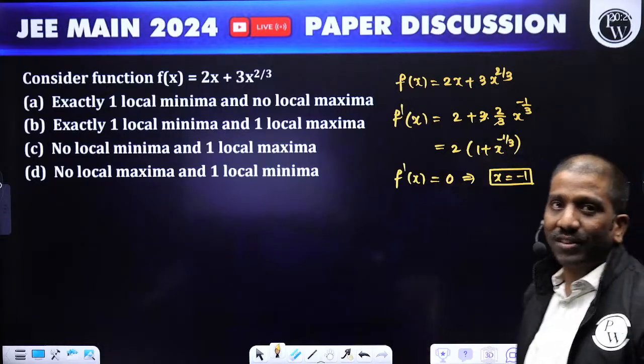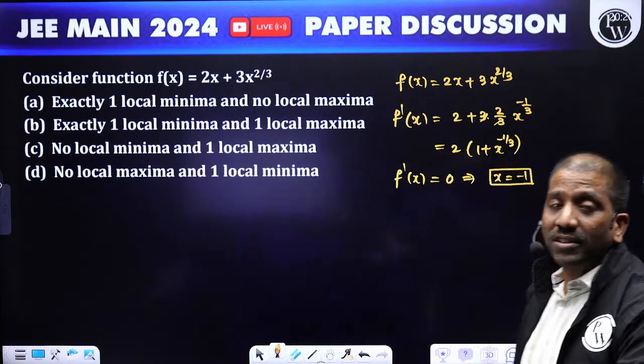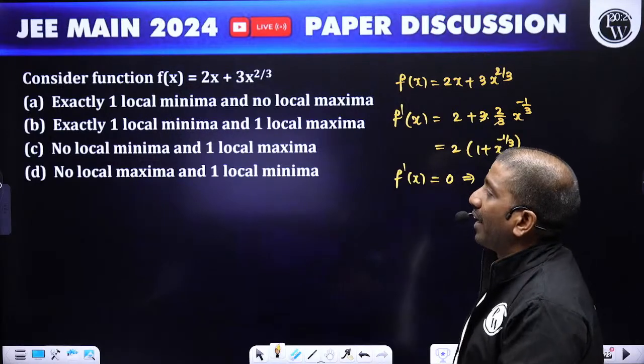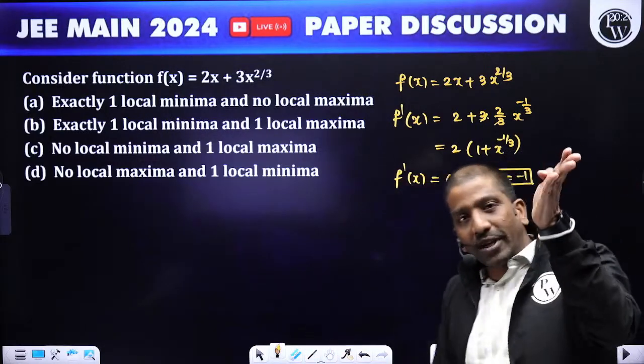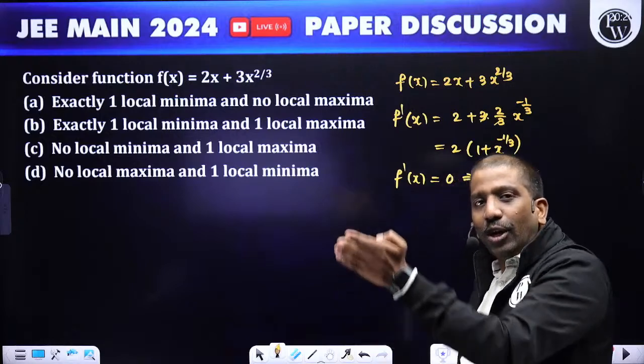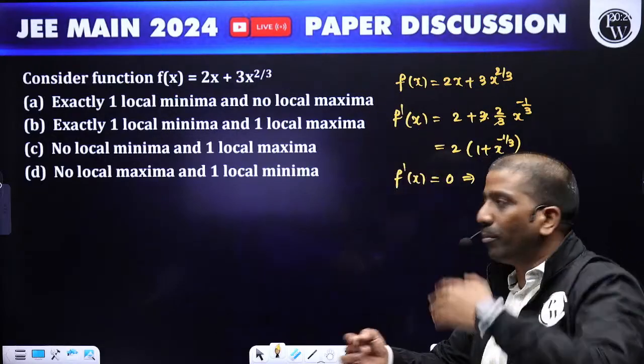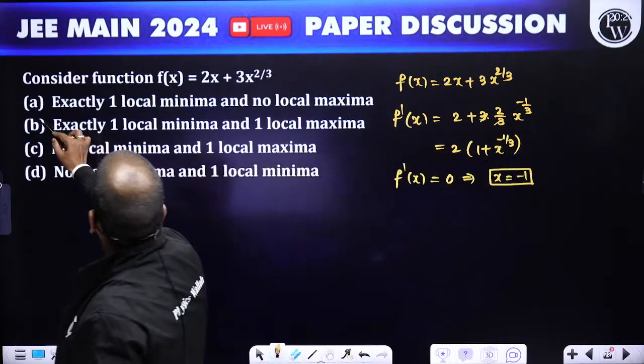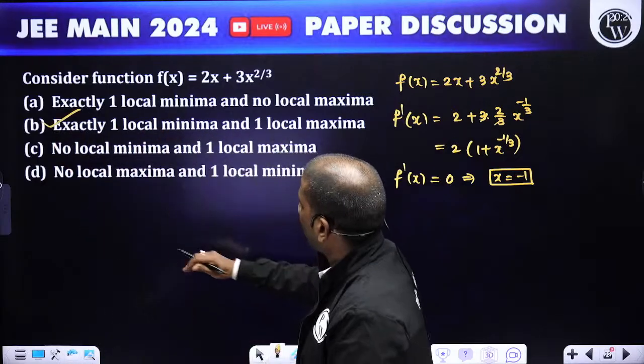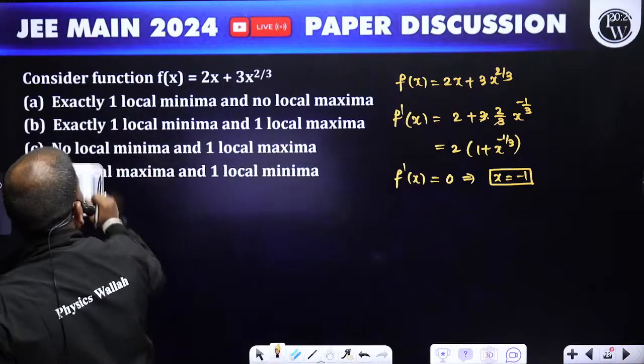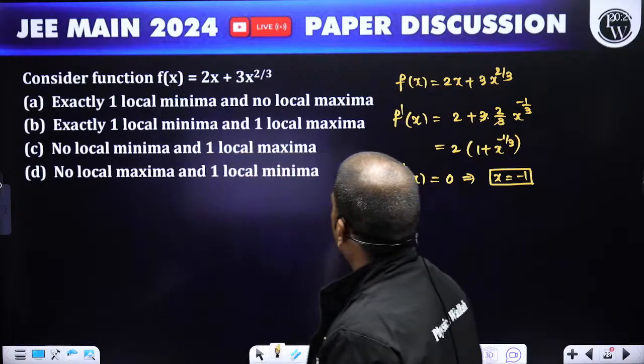That's what it is, correct? So that means left side negative, right side positive. Left side negative, so decreasing. Right side positive, increasing. What could be the value? Minimum value. So exactly one local minima.